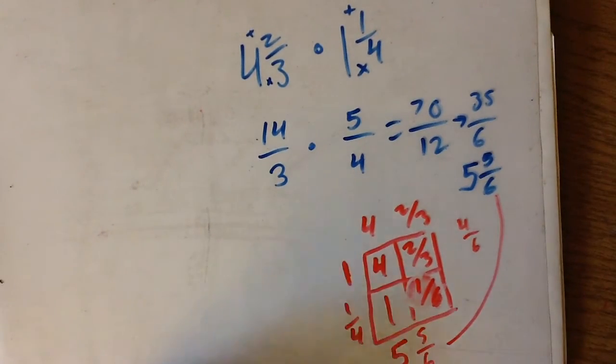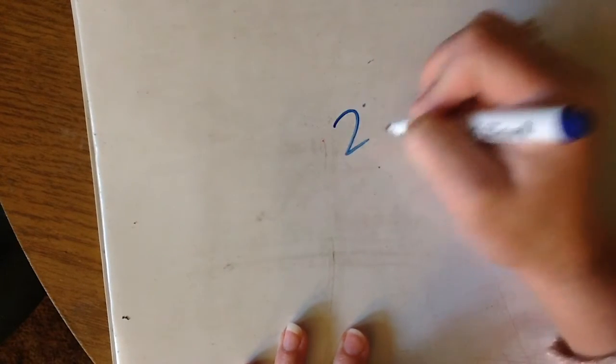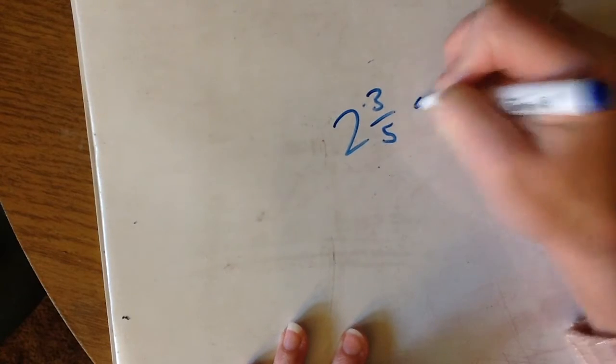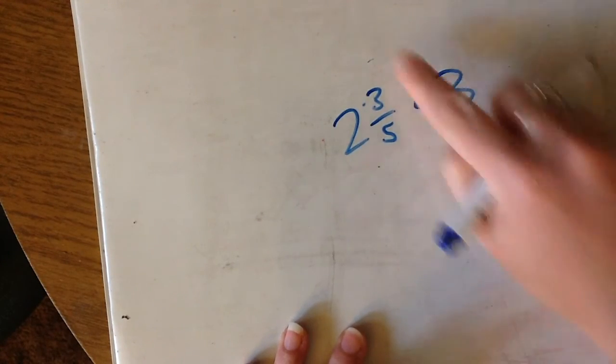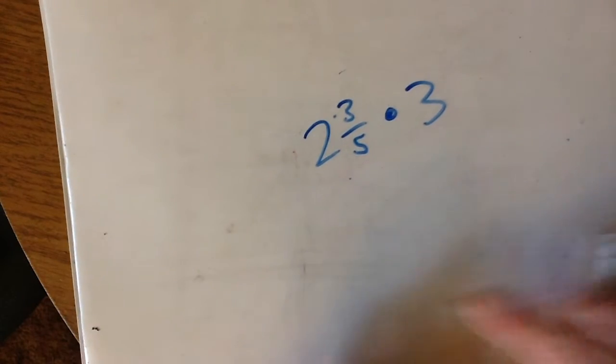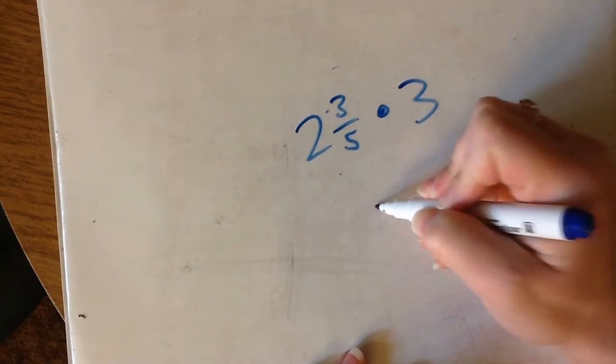So that's number 1. All right, number 2 is 2 3/5 times 3. We'll want to change this 2 3/5 into an improper fraction.